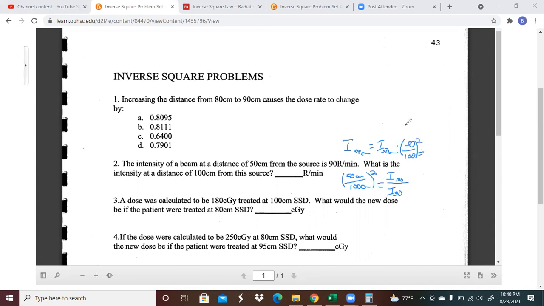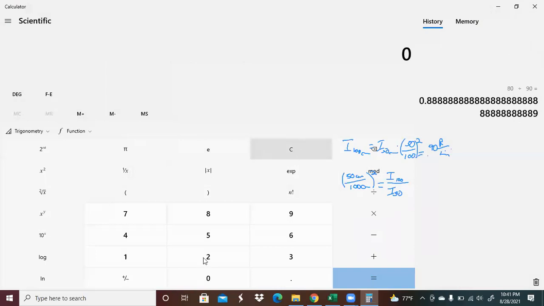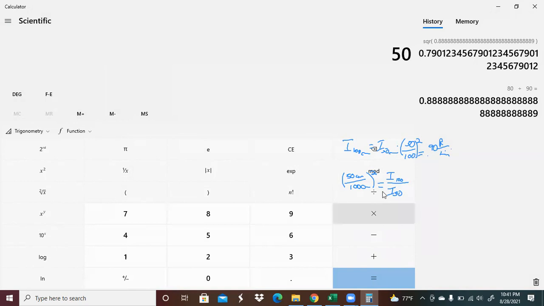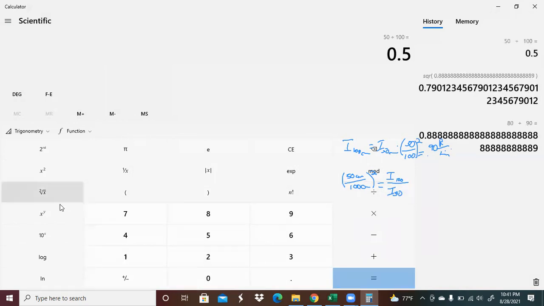So this ends up being 90 Roentgen per minute times 50 divided by 100, squared, so you got 0.25.